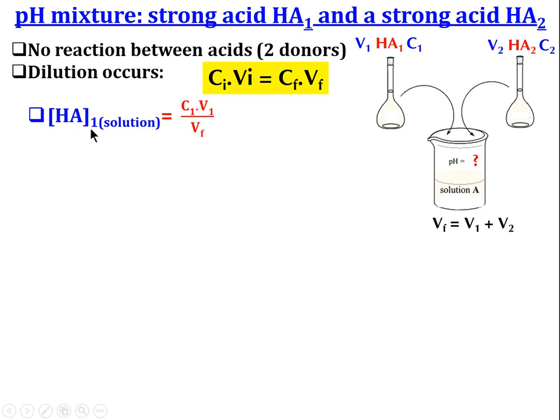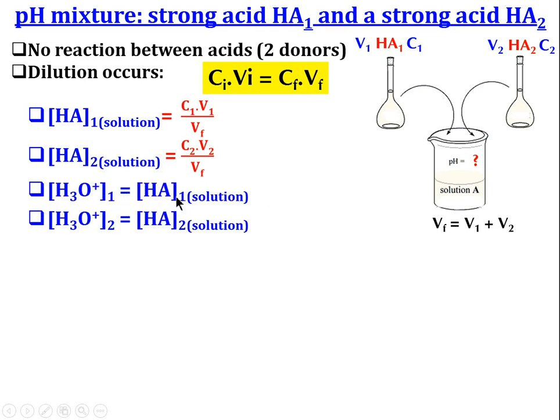The new concentration of HA1 in the solution is equal to C1 V1 divided by the volume final, V final, equal to V1 plus V2. And the new concentration of the acid 2 in the solution, by the same way, is equal to C2 V2 divided by V final.